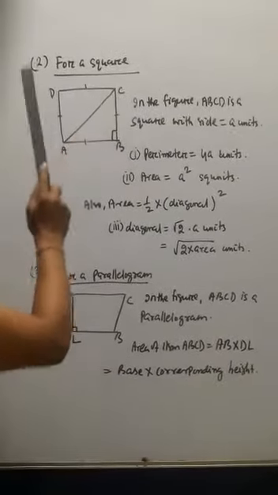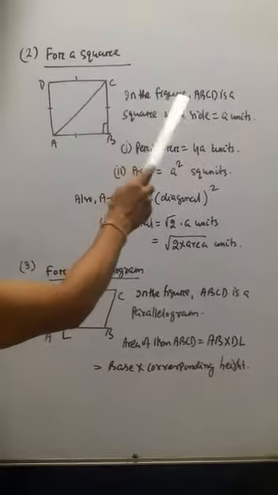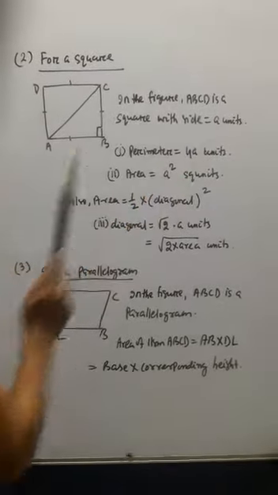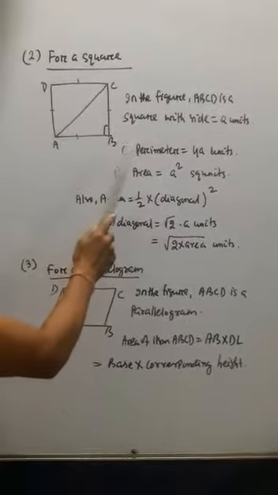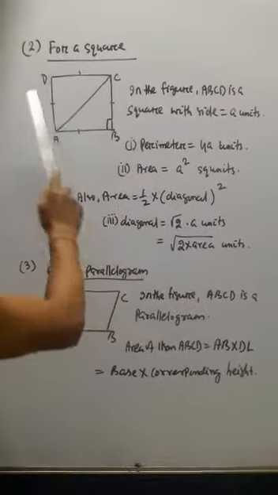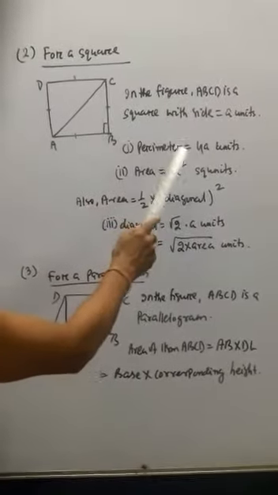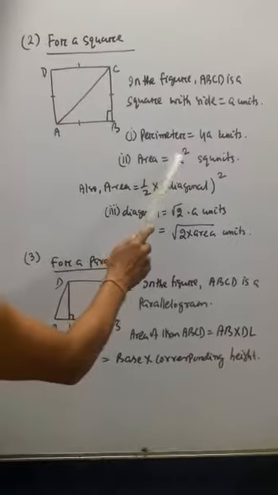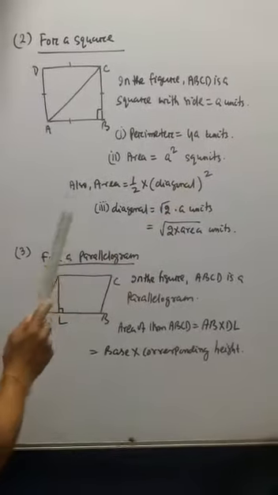Now for a square, in the figure ABCD is a square with each equal side a units. Then first point is perimeter is equal to, perimeter means sum of all the sides, so that is coming 4a units. Second point, area is equal to a square units.